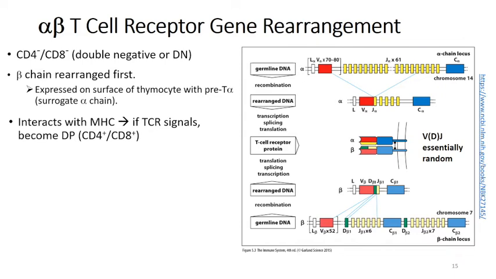So what it has to do is encounter the MHC molecule. These receptors are generated potentially randomly, and they're not all going to bind. A lot of these rearrangements are wasted.